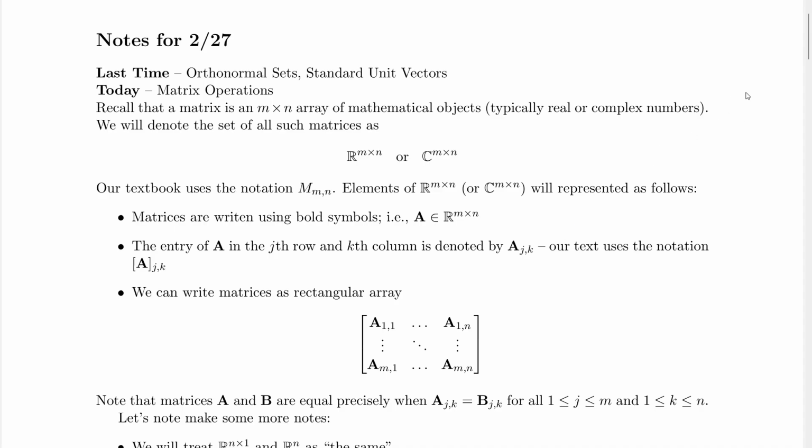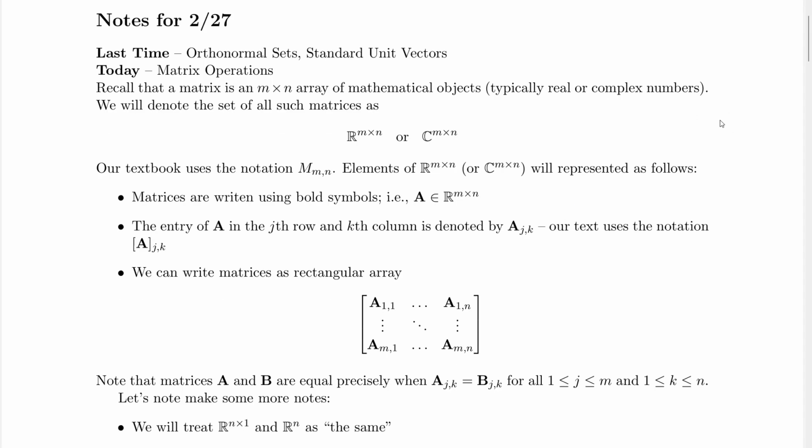I've got notes. So one thing that I'm going to do, this is pretty standard, is that the set of n by 1 matrices, so a matrix that just has a single column, note it's row by column in the setup here, the m by n.